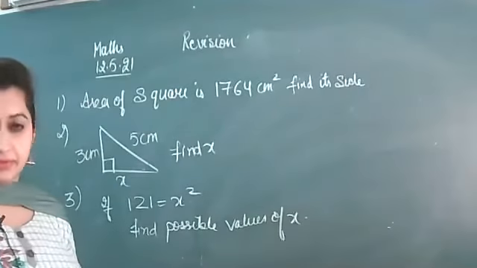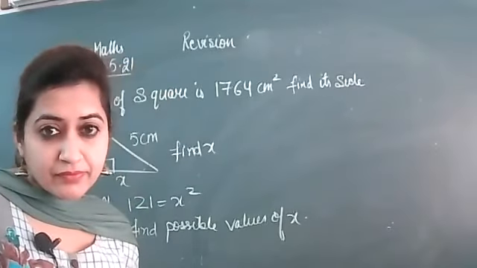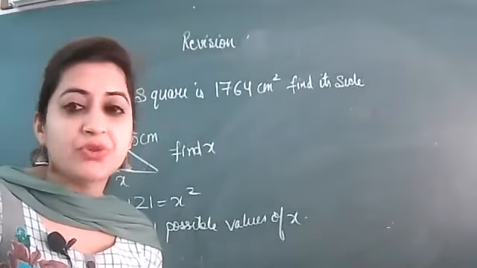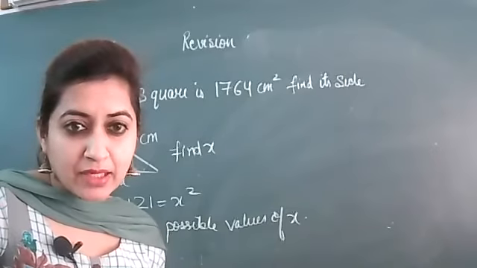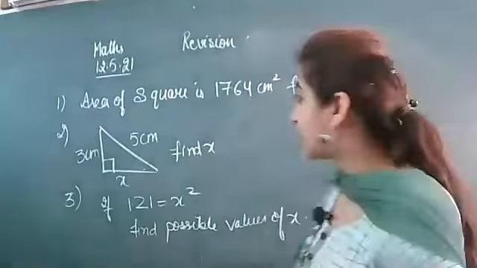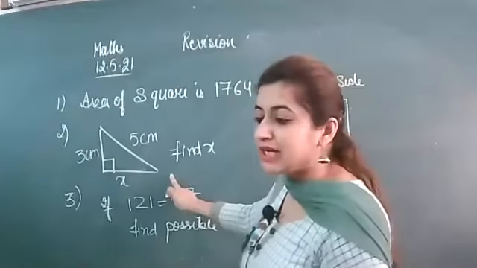Ma'am, first question is hypotenuse square is equal to perpendicular square plus base square. Beta, which question are you talking about? No, ma'am, I'm talking about the second question. Okay, now tell me the second question.